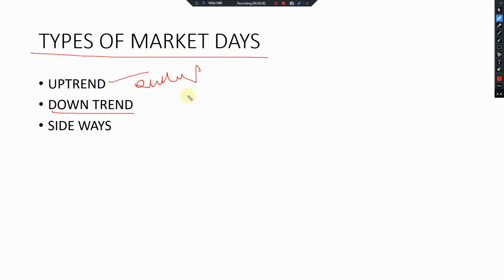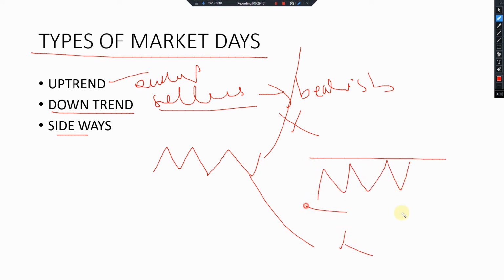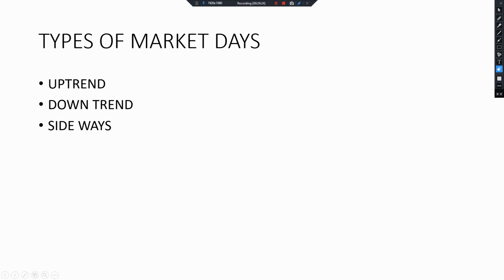A downtrend means sellers were more, and it's called a bearish day or bearish trend. And sideways means price stayed in the same range, neither moving up nor down, like this. Buyers came here, sellers came here, buyers came here, sellers came here.